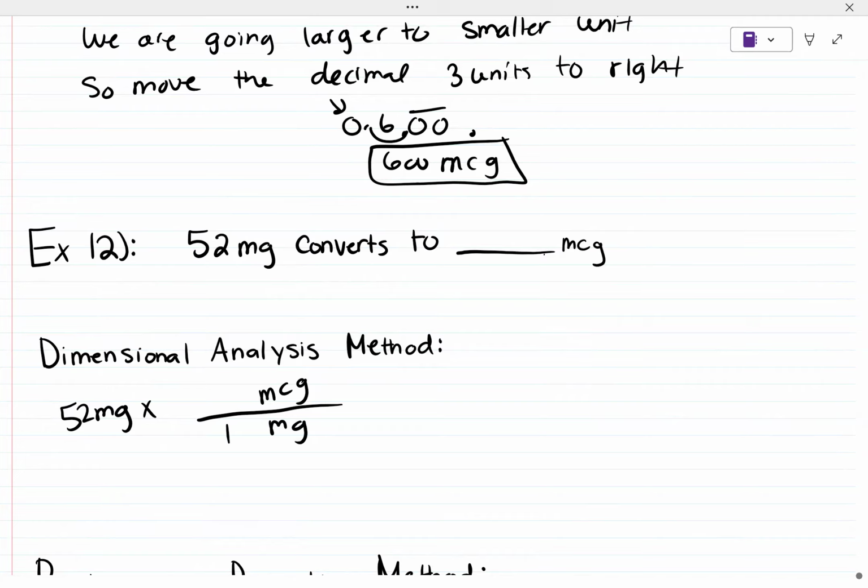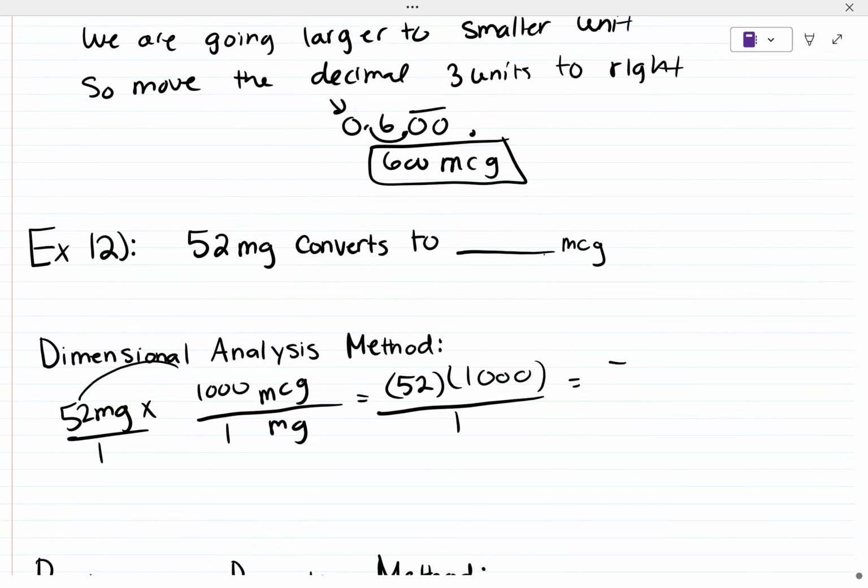So for 1 mg, there is 1,000 mcg. And then put a 1 on the bottom. So it's 52 times 1,000, and in the bottom, 1 times 1 is 1. You get 52,000.